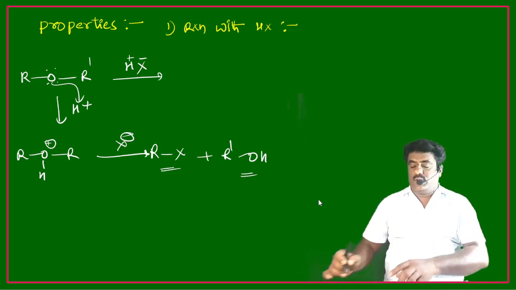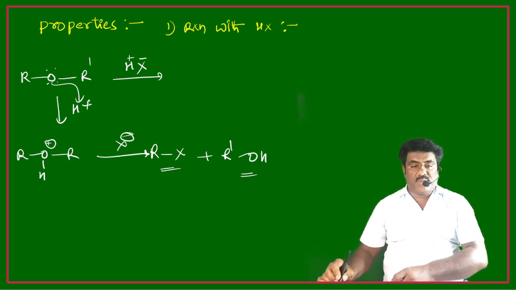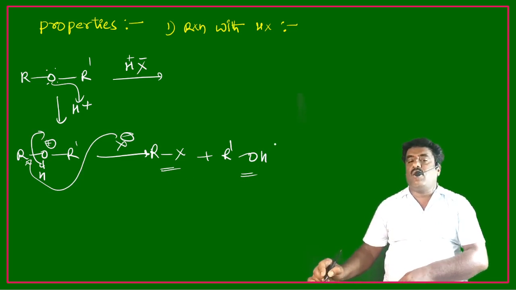When H plus attacks the oxygen, the ROH group is unstable and is eliminated. The X minus attacks R to form an alkyl halide and an alcohol.